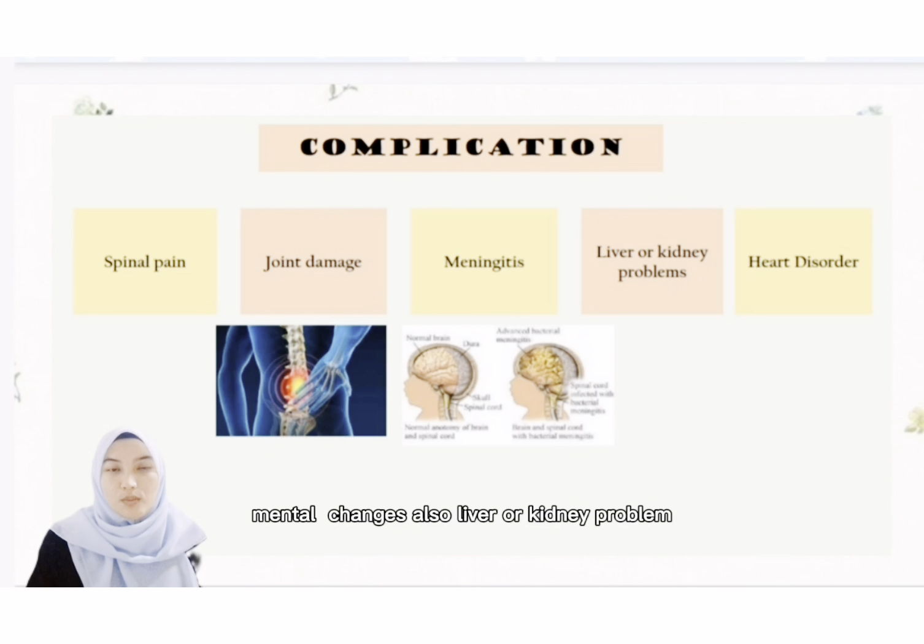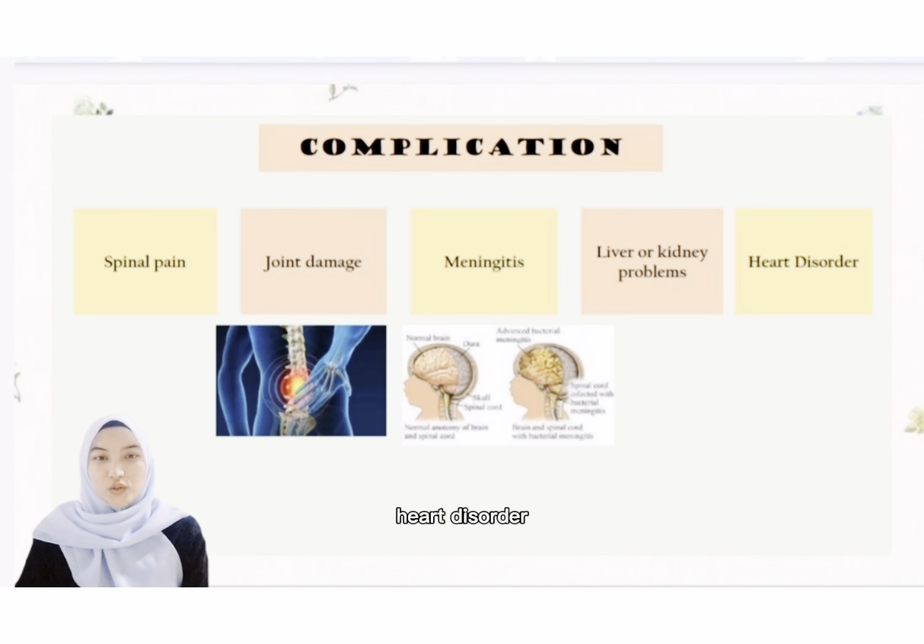Liver or kidney problems: the kidneys help filter waste and impurities from the bloodstream, and this function becomes impaired if the liver or kidney are affected by tuberculosis.